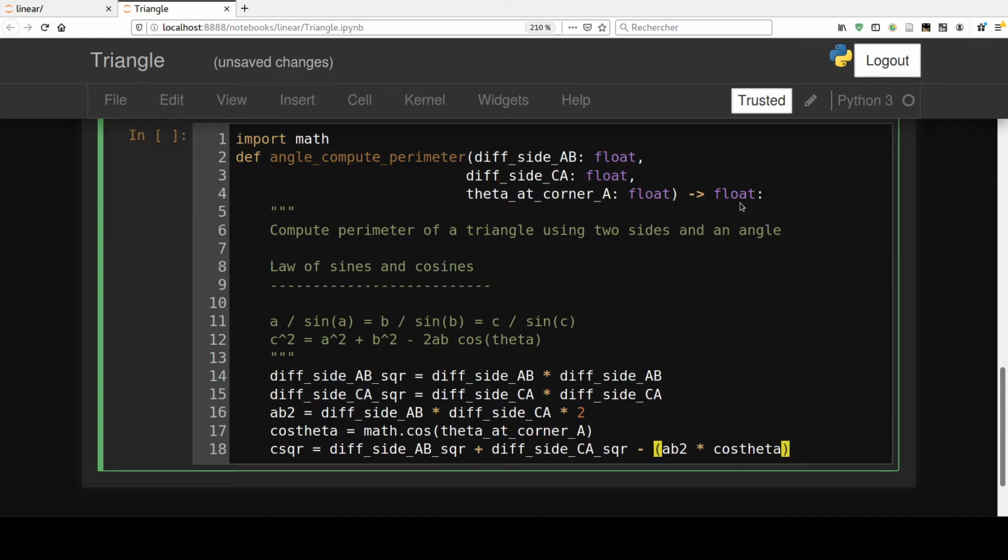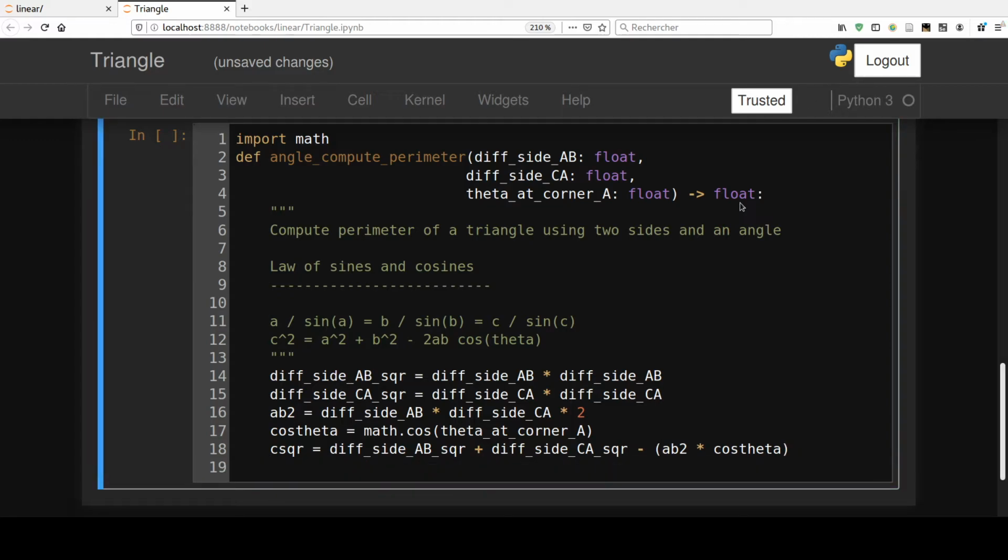Now what we obtain is the squared value, so we need to take the square root of this, and we do it using the math module again.